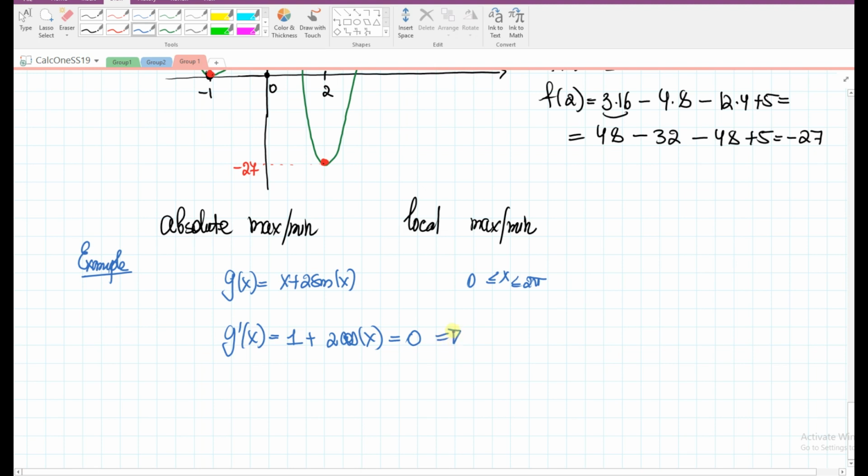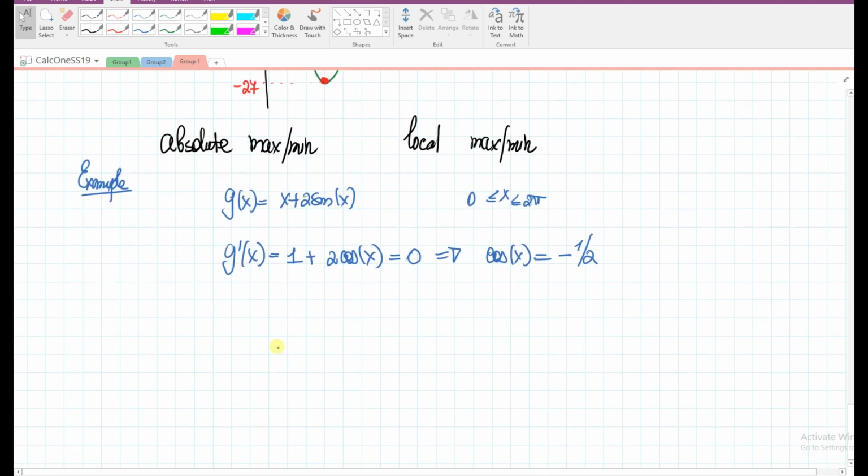So basically, the cosine of x should be equal to minus 1 over 2. At which points of x is the derivative of this function equal to 0? 2 pi over 3 and 4 pi over 3.